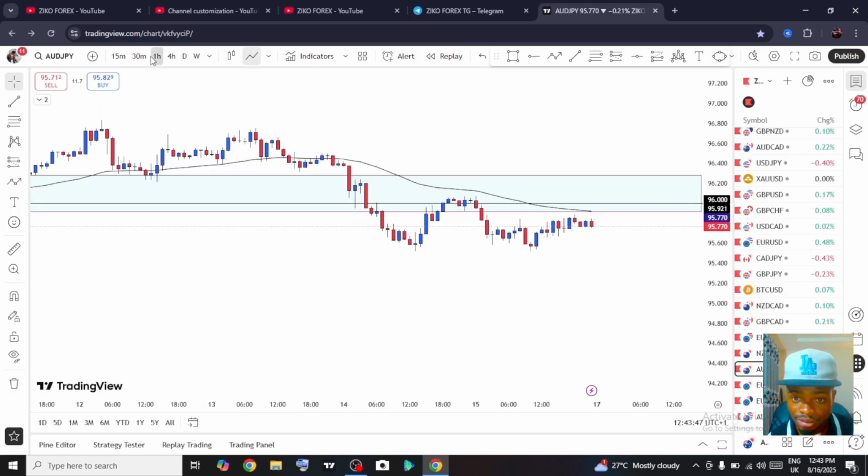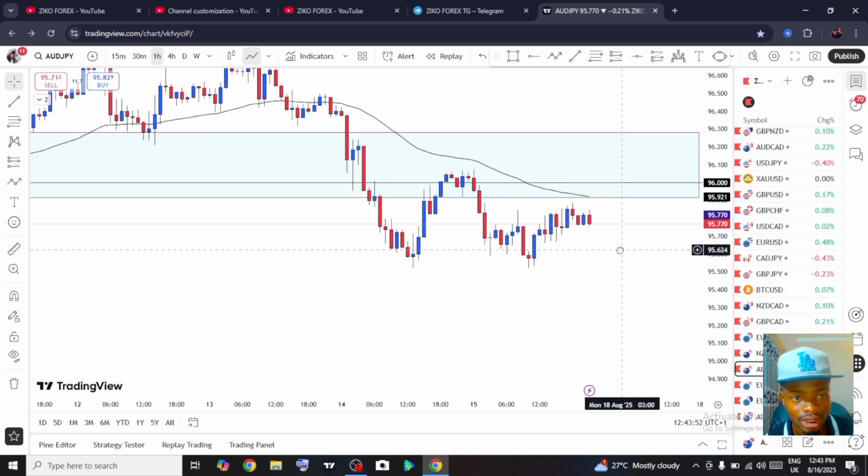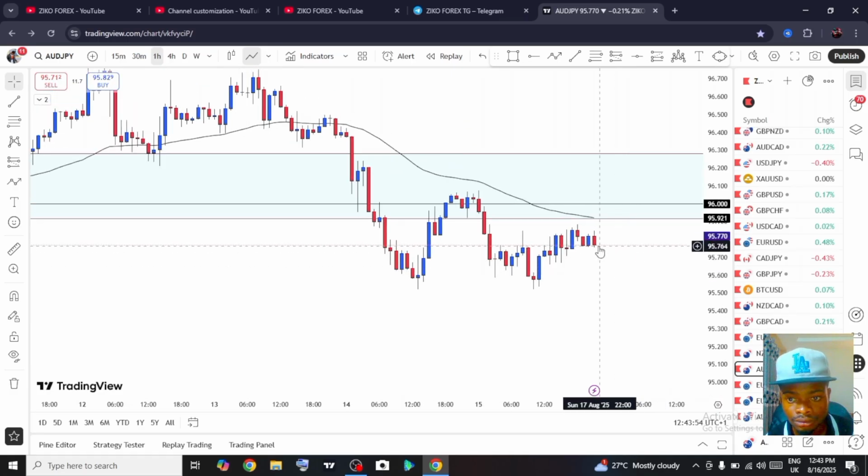I just believe that AUD JPY is going to continue bearish. I might be interested in this market, I'm not going to lie. I'll add it to the pairs for this week.